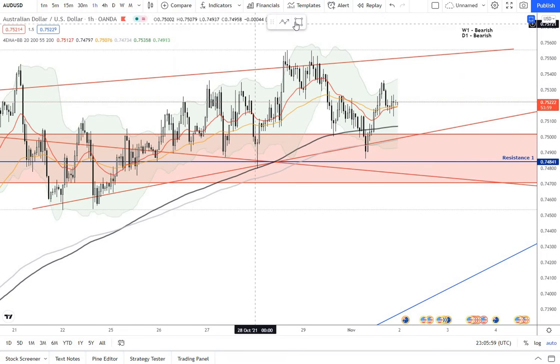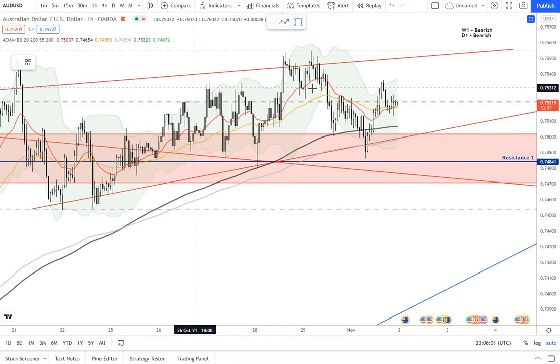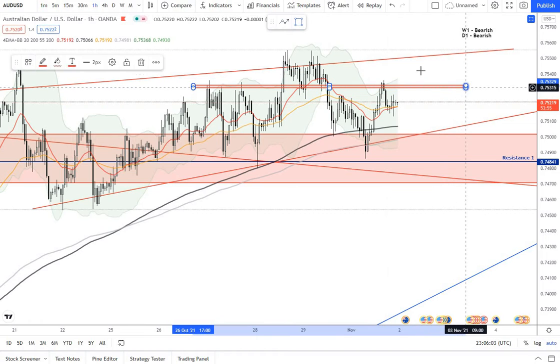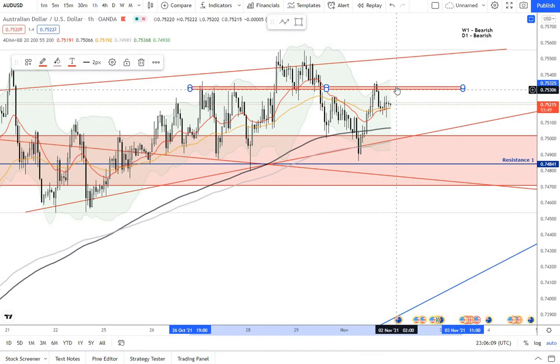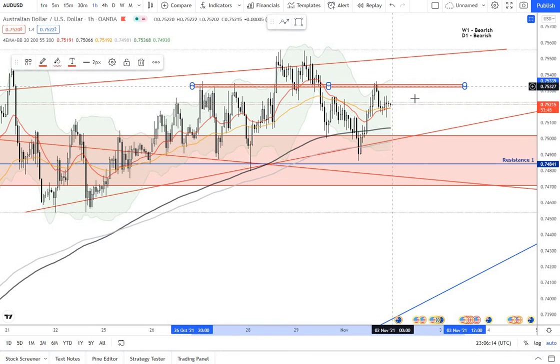And then maybe at this level is a good time to exit your trades. So just don't hold the trade for too long if you're looking for a day trade. It'll be a bit more aggressive and a bit risky because, as we see from the higher time frame, we can't see any clear direction.